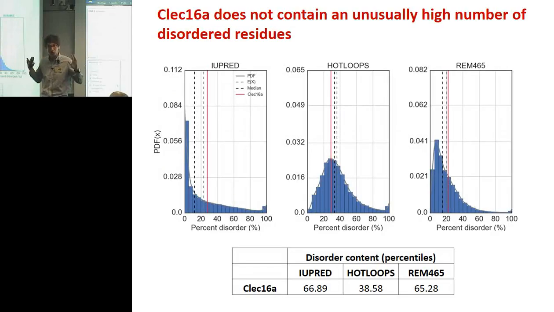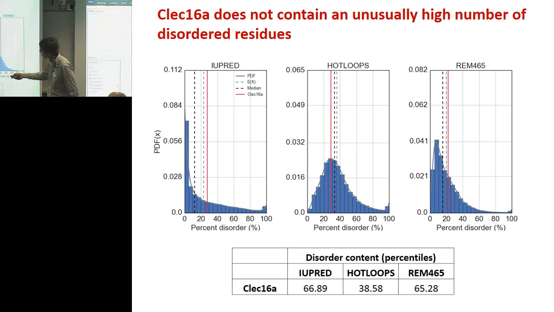So we said, let's just take CLEC16 in the mouse, then look at the mouse proteome, and do the comparison on where it stands with respect to the mouse proteome. And when you look at CLEC16, it doesn't contain a highly unusual number of disordered residues. This is the IUPred, this is the hot loops, this is the REM 465.